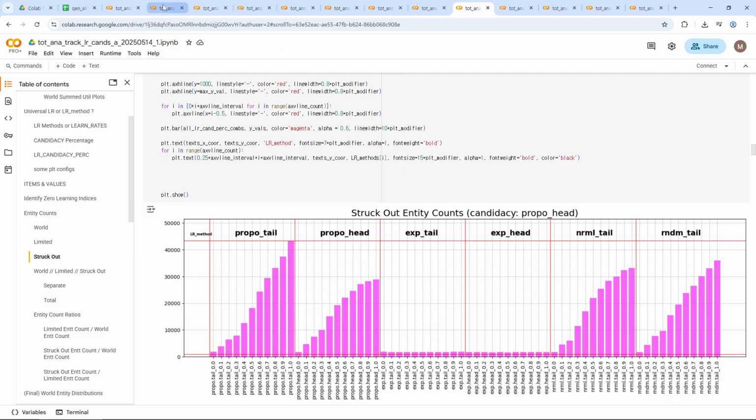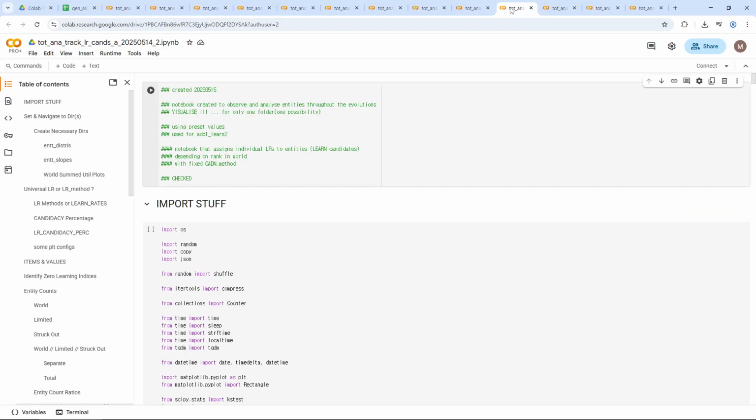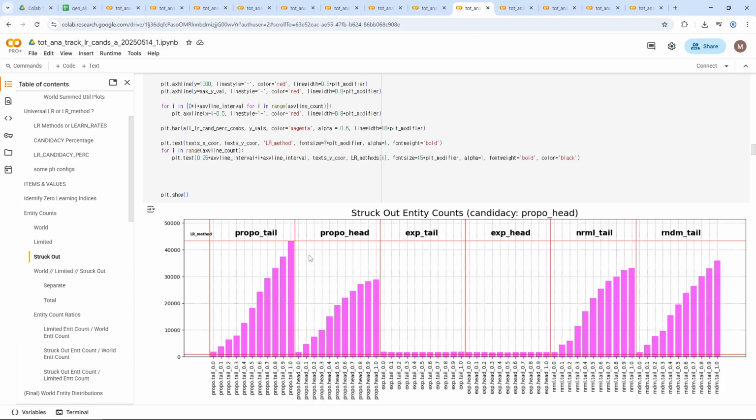There are 6 of them, and they're not exactly in any kind of order. I mean, there is some kind of order, but it's not like 0, 1, 2, 3, 4, 5.